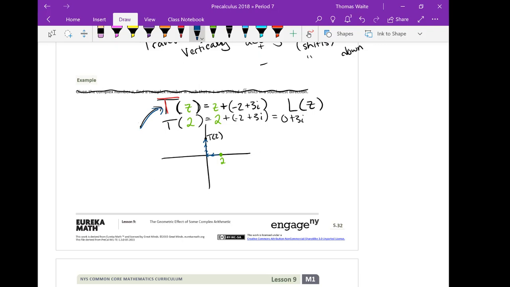So overall, I would say the geometric effect of this transformation, which again was adding 2 or subtracting 2 and adding 3 imaginary parts, was a shift left 2 units and up 3 units.